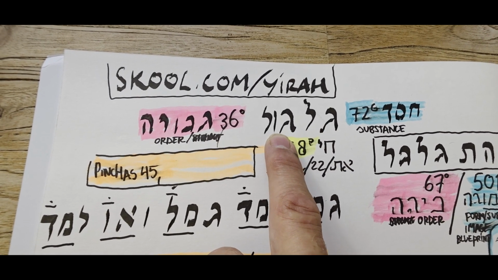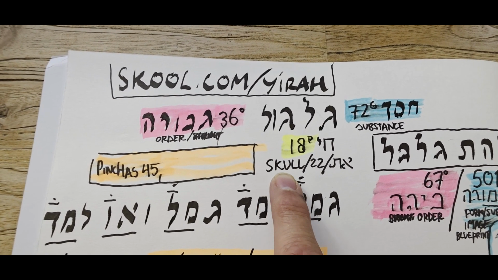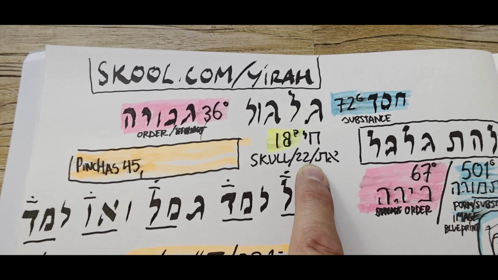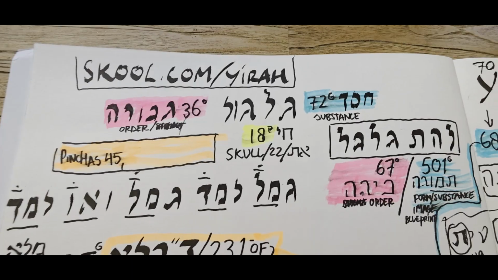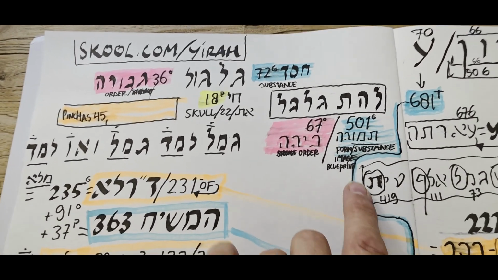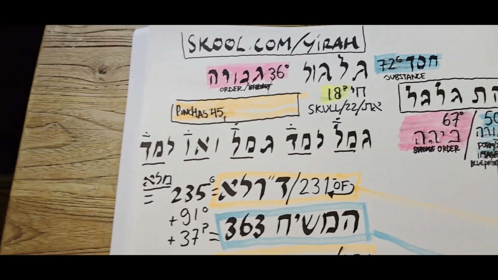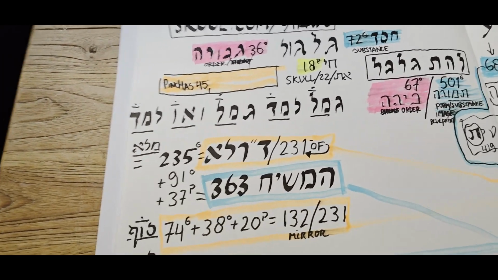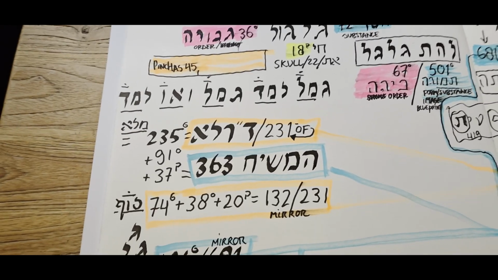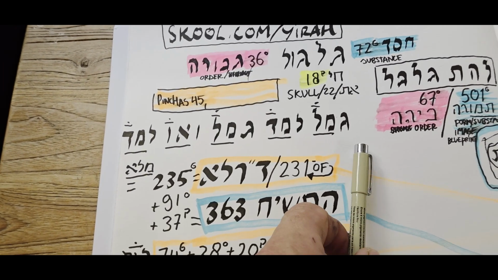And Galgalta, like Galgal, hints at skull also, which are made of 22 bones, Aleph to Tav. Okay, so everything greatly connected here, but so much there that we have to decide what to and what not to share today.